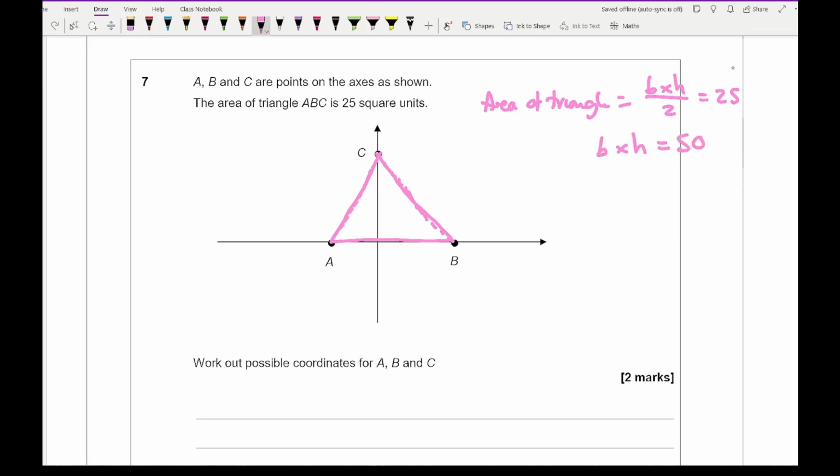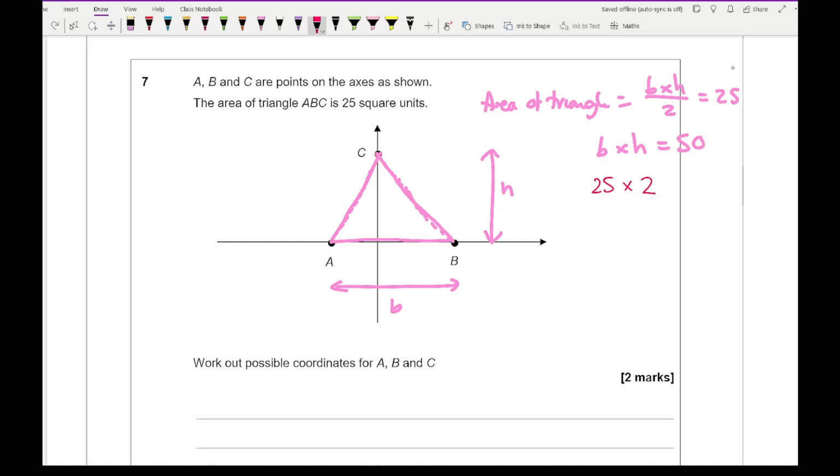So I want two numbers that multiply together to give me 50. Here is the height and this here is the base. What you want to do is just pick two numbers that multiply to give you 50, and so let's just go for the most common one, which is 25 and 2.